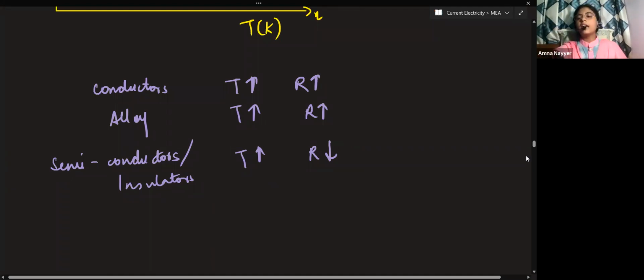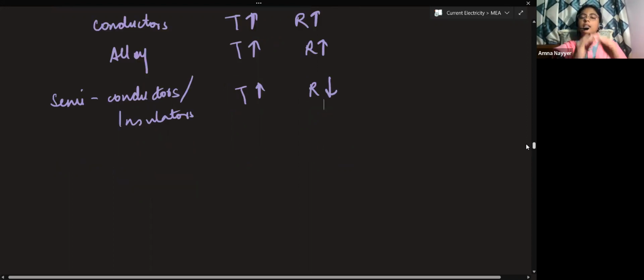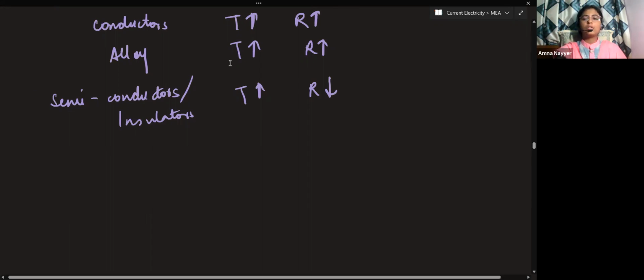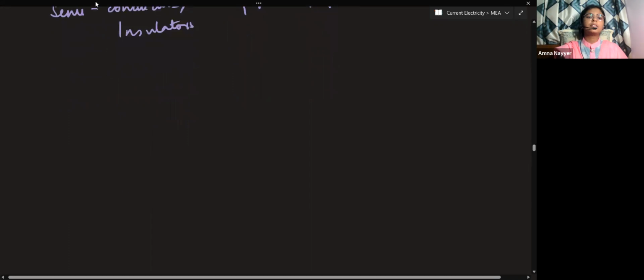One more thing that you have is known as superconductors. You have conductors first, then semiconductors, and then superconductors. For superconductors also, remember the graph.